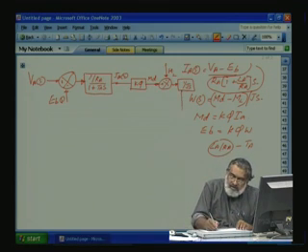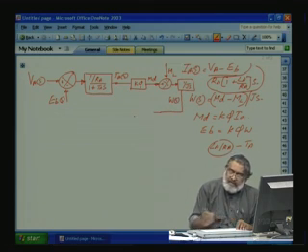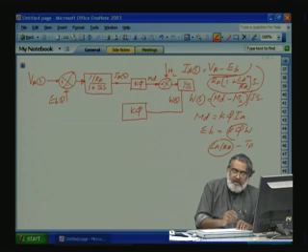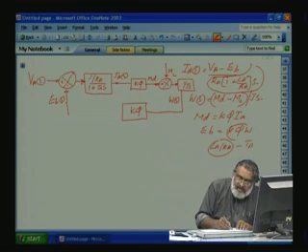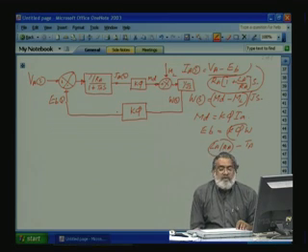So, this is our omega s speed. This omega again multiplied by this K phi gives your back EMF. So, this is our motor model.